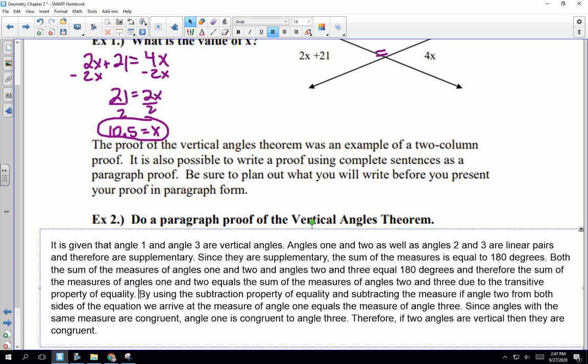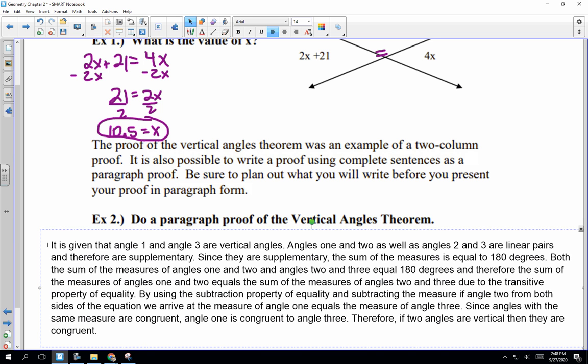By using the subtraction property of equality and subtracting the measure of angle 2 from both sides of the equation, we arrive at the measure of angle 1 equals the measure of angle 3. And since angles with the same measure are congruent, angle 1 is congruent to angle 3. Therefore, if two angles are vertical, then they are congruent.